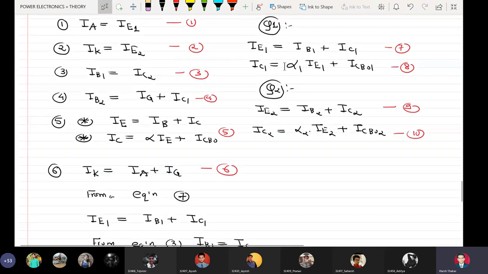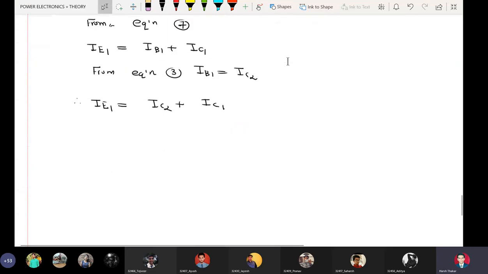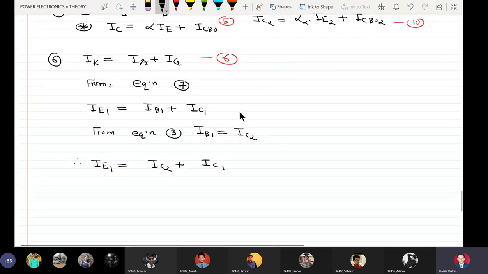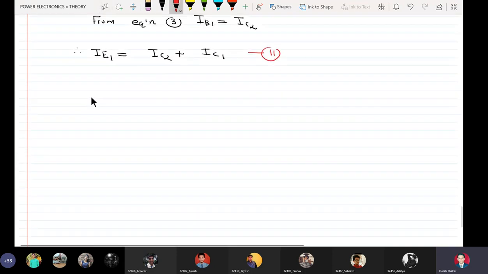Now we know that from equation number 8 and 10 we can replace.